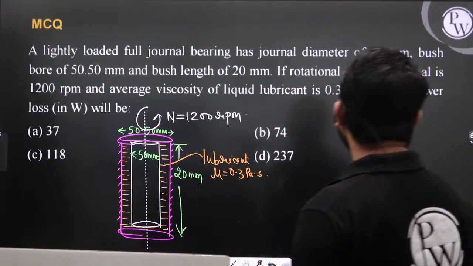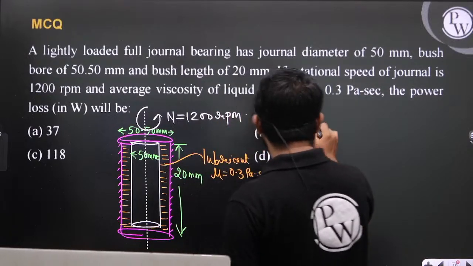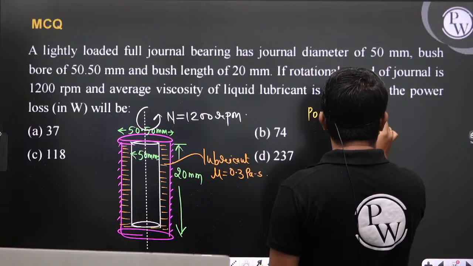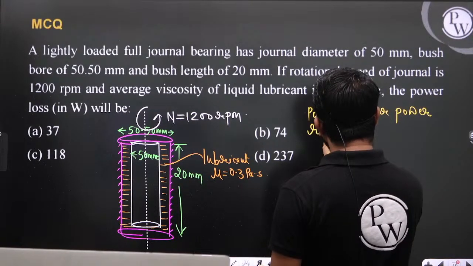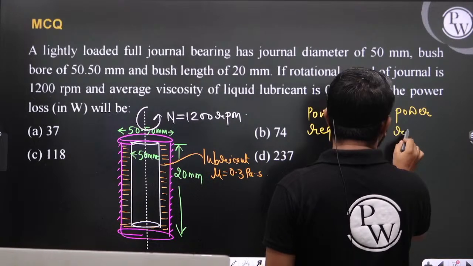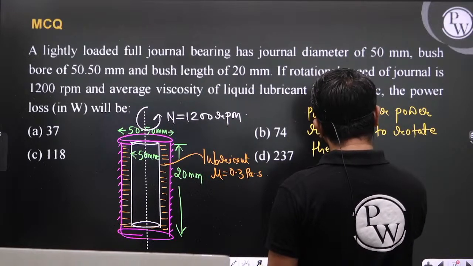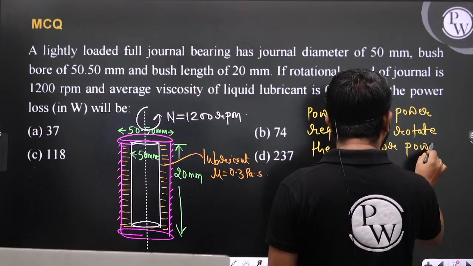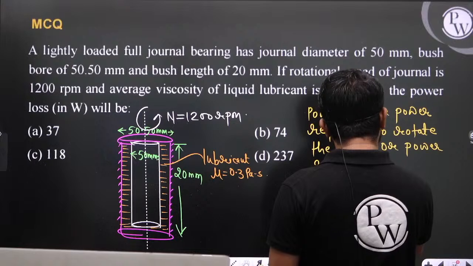So in this question, power loss is asked, or power required to rotate the shaft, or power required to overcome the friction.